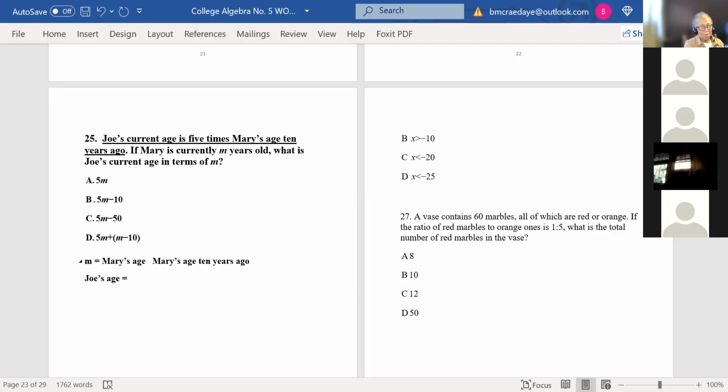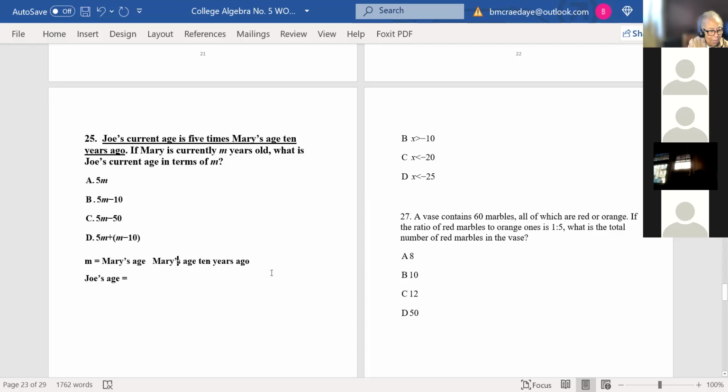Okay. 10 years ago, is that adding, subtraction, multiplication, division? Which one, Audrey? Subtraction. That's right, subtraction.